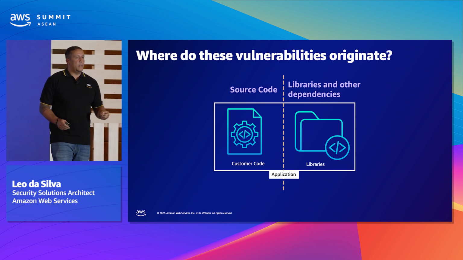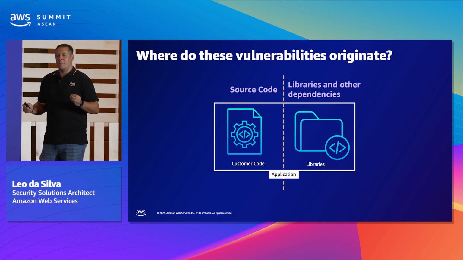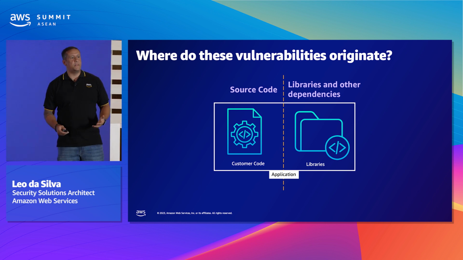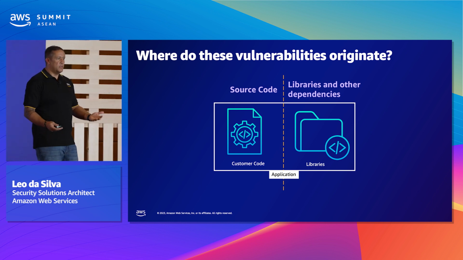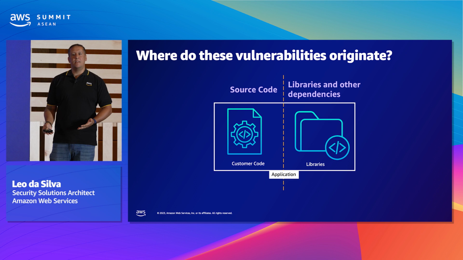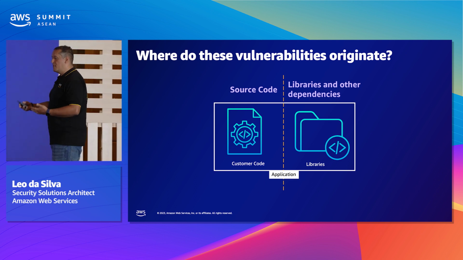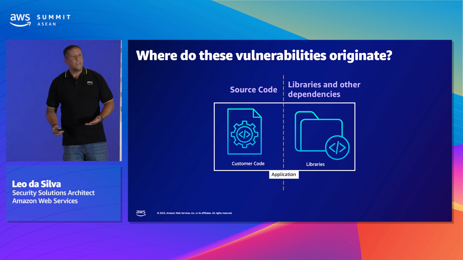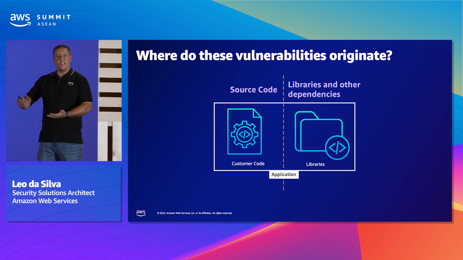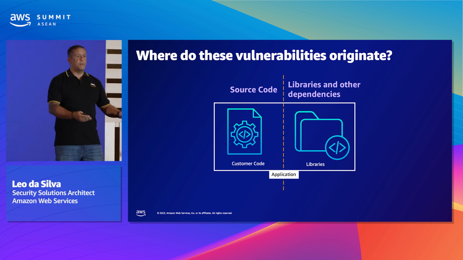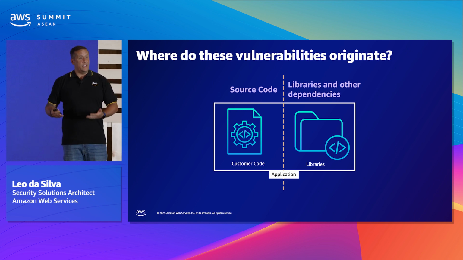I'm not sure if it's a well-known statistic, but up to 90% of software running in major enterprises out there is open source software. Only 10% of it is actually custom built, which means when we do deploy something in production, if you don't observe what happens outside your company, how those new packages and components and libraries that you are leveraging to deploy your own application, are they still secure?